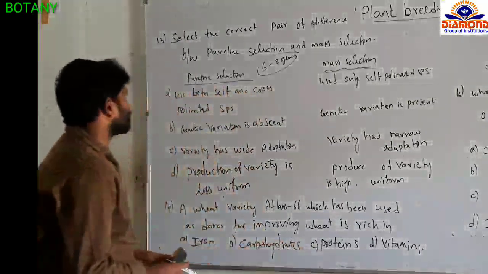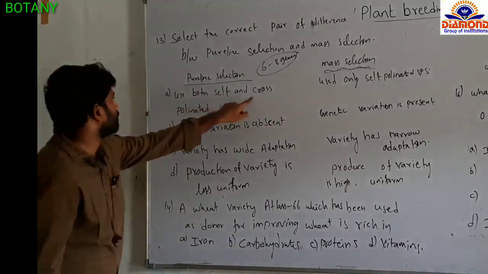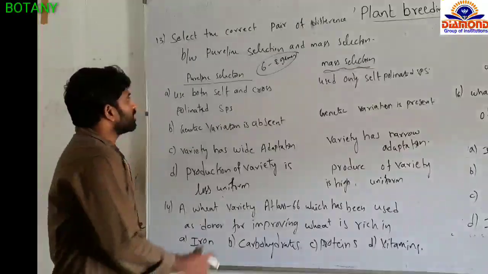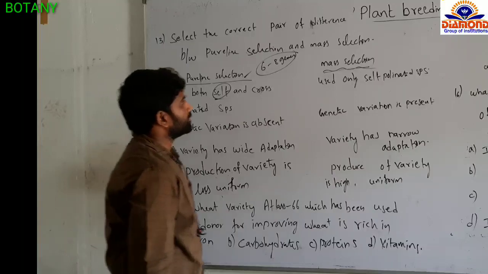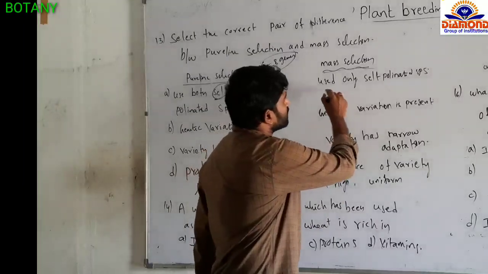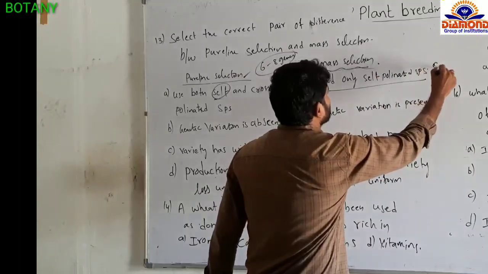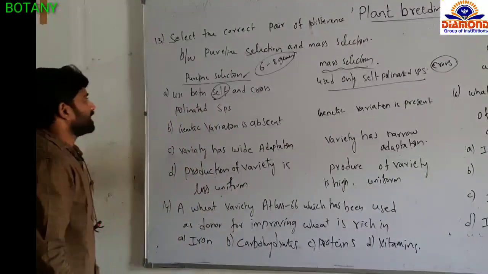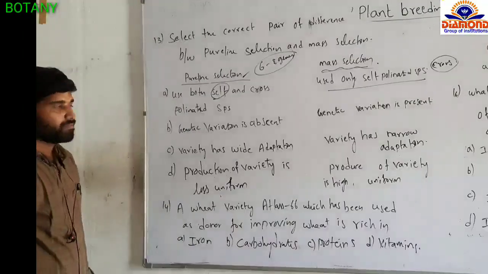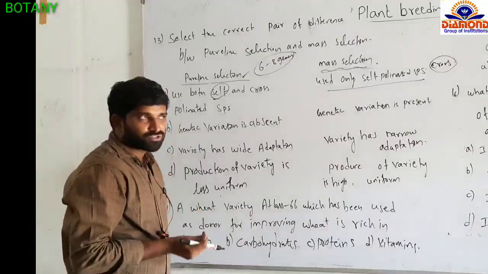Based on pure line selection and mass selection, option A says pure line selection uses both self and cross-pollinated species. But pure line selection uses self-pollination, and in mass selection we use cross-pollinated plant species. Option B, genetic variation is absent, means new characters are not introduced into the offspring.